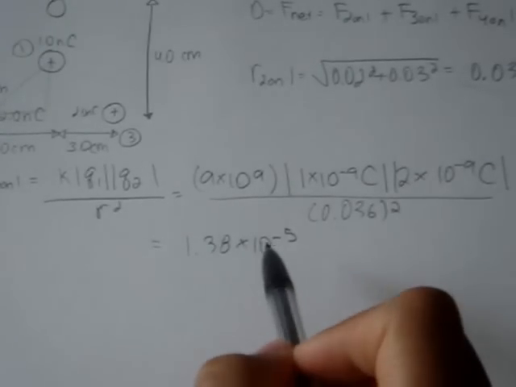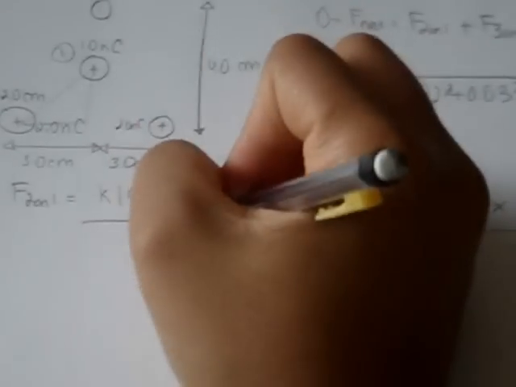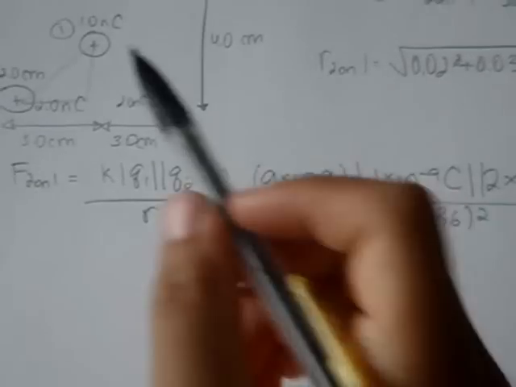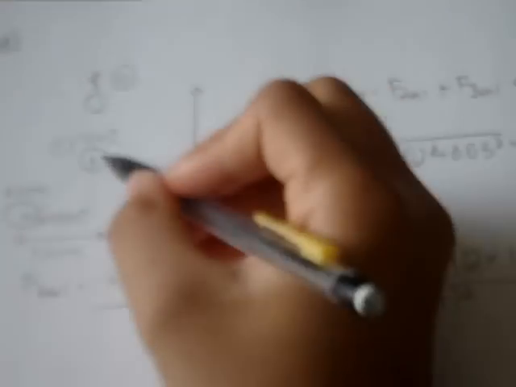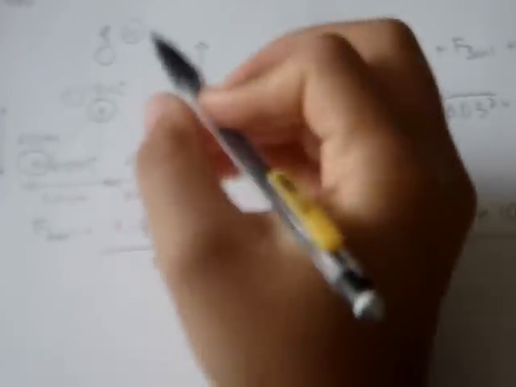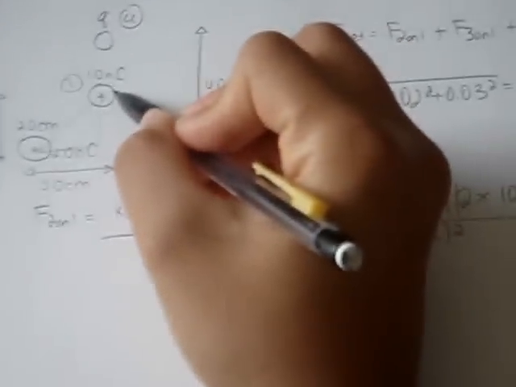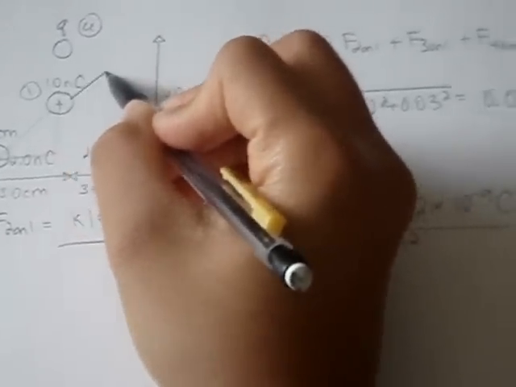And now you have to figure out what r hat is. And you just have to use your common sense. Since these two charges are alike, they're going to repel each other according to Coulomb's law. So this middle charge is going to go here.